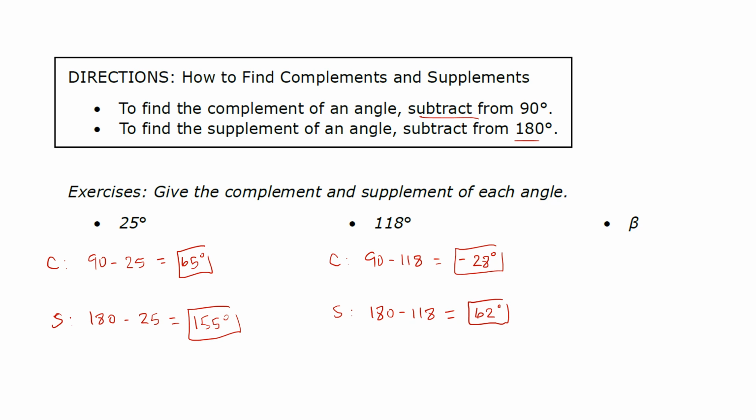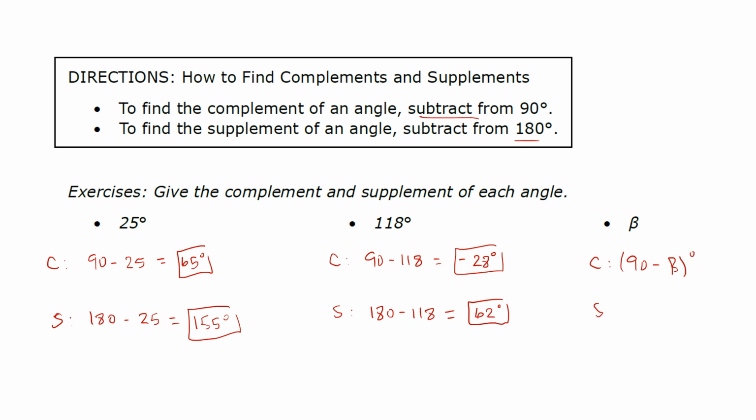And for our last example, we're given the angle beta, which is just a symbol that represents a value. To find the complement of beta, we would subtract beta from 90. So 90 minus beta would be the complement.